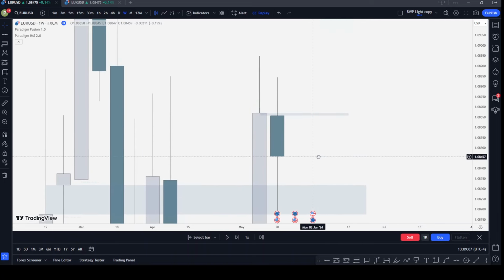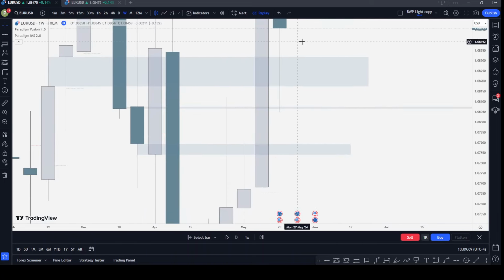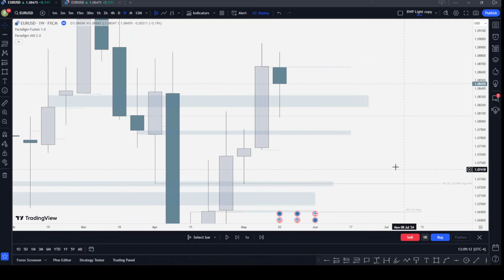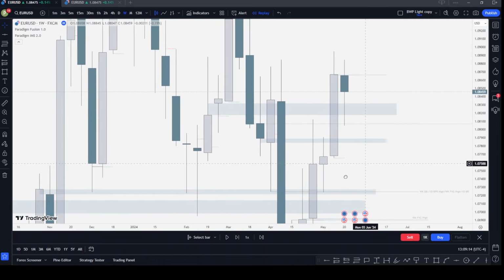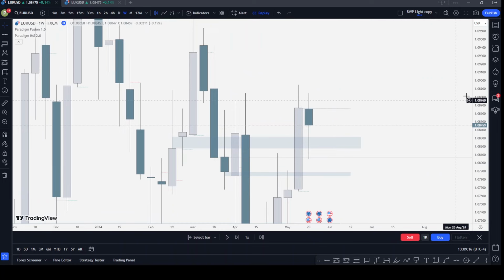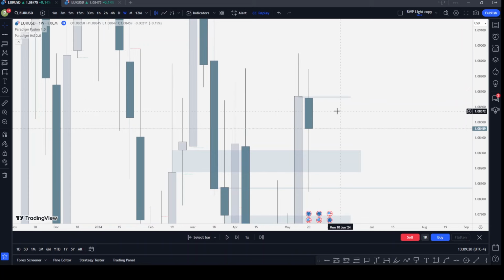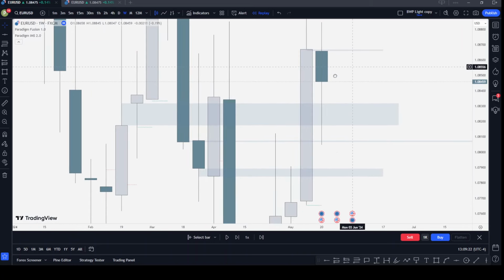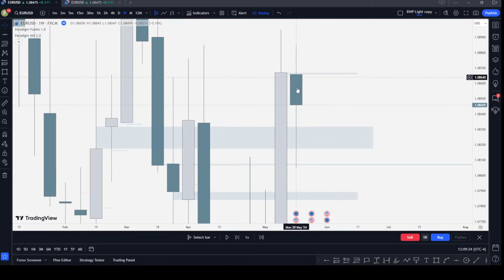at the start of the week. If there is a new week opening gap that has just formed, you want to mark it at the start of the week, especially if it is significant enough, or close to current price action. So the closest new week opening gap that price has not yet returned into above current market price is this guy right here. So you want to mark it and extend it out in time.